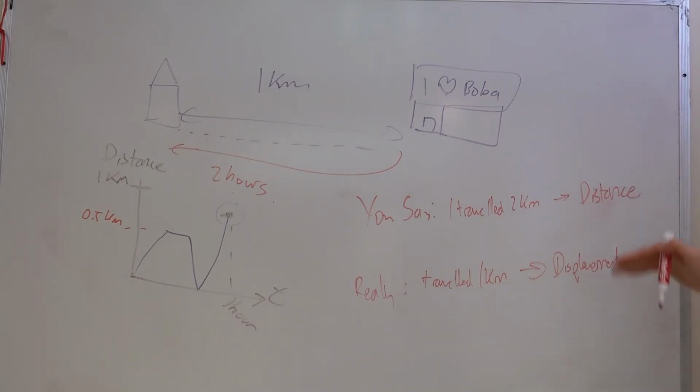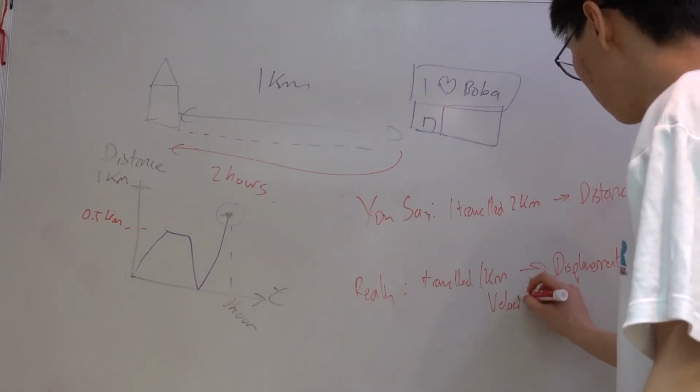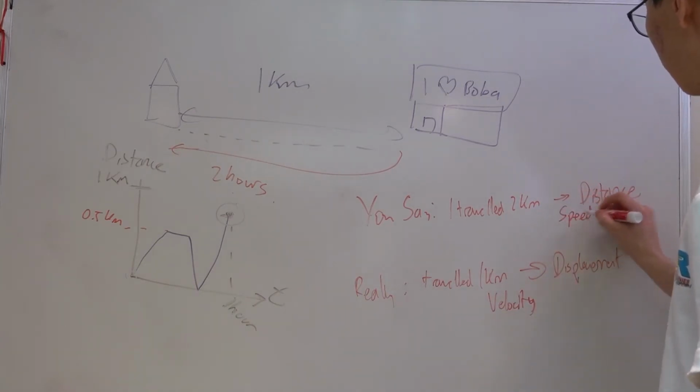Okay? Now, associated to each of these, we can have a concept of average speed and average velocity. Okay? So, velocity will always belong to displacement, and speed will always belong to distance. Okay?